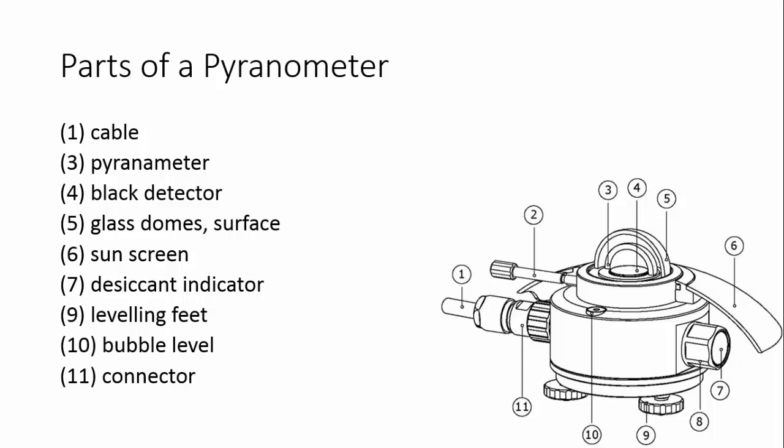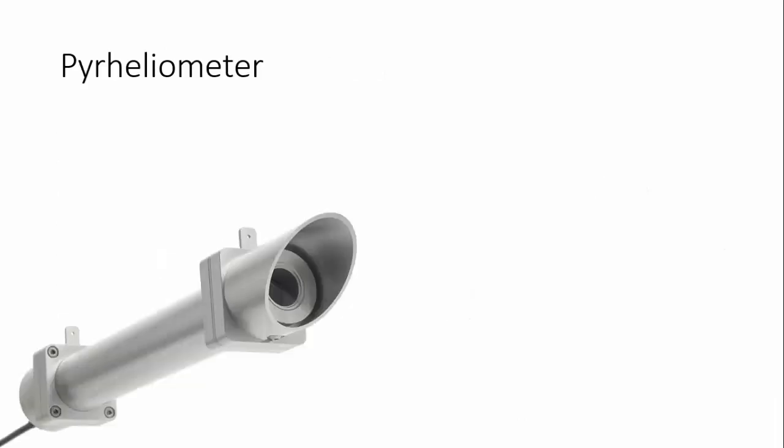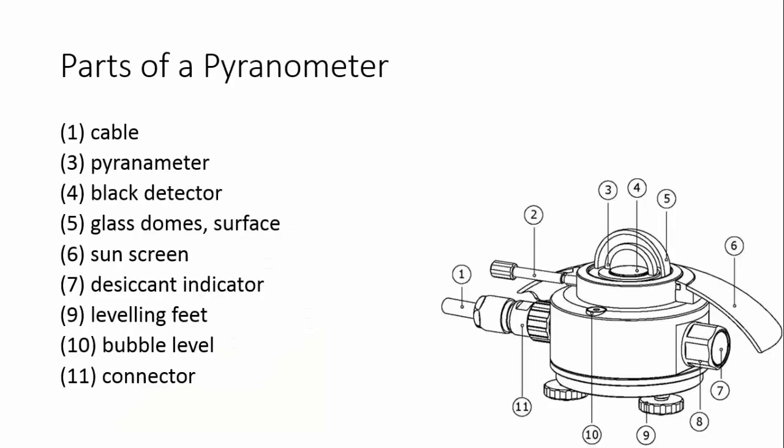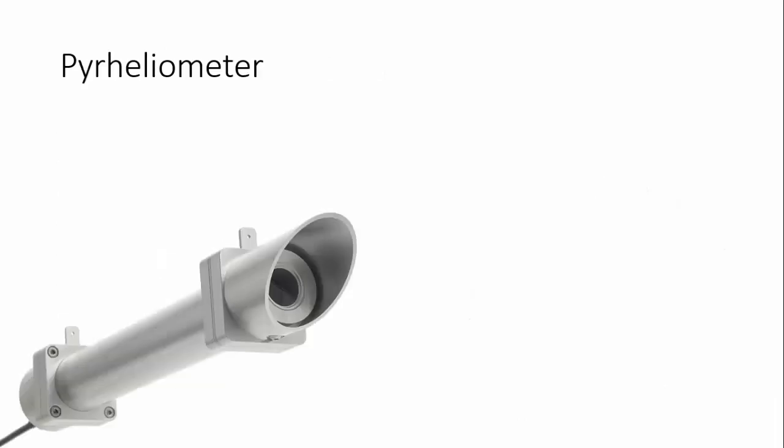So the pyranometer can measure direct radiation and diffused radiation, whereas this pyrheliometer measures only the beam radiation. It measures only the direct radiation, so it will not measure diffuse radiation. That is the main difference between the pyranometer and pyrheliometer, whereas the working principles are more or less the same.